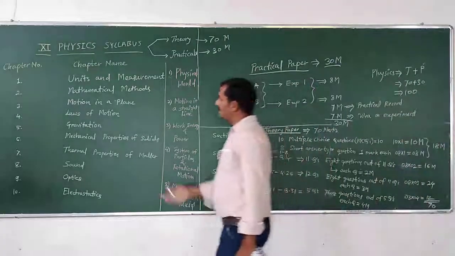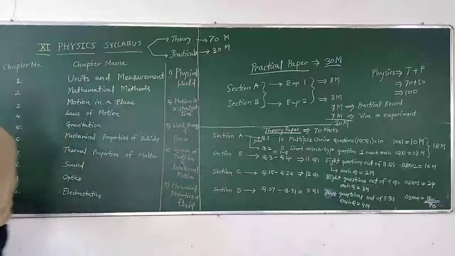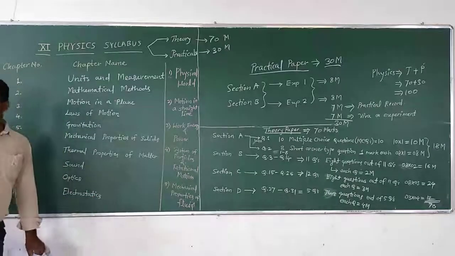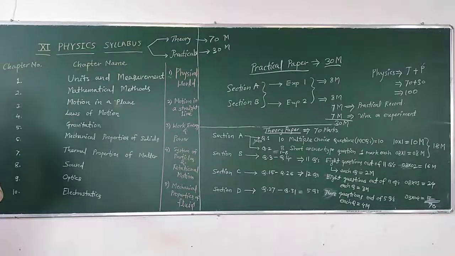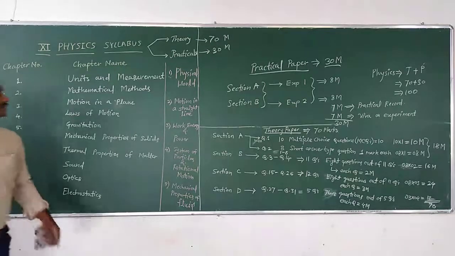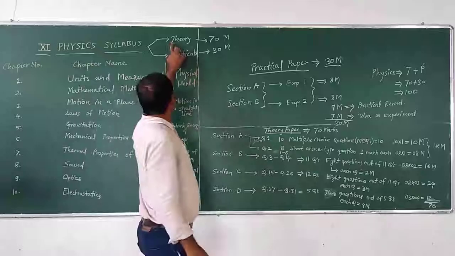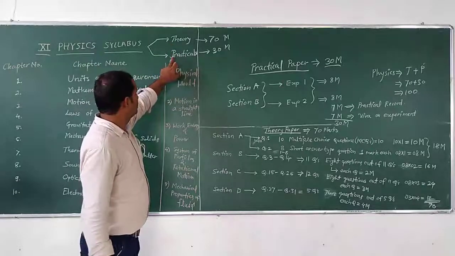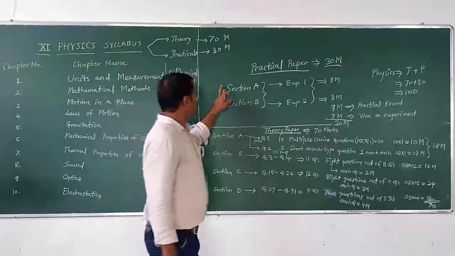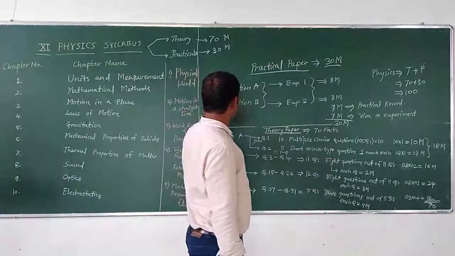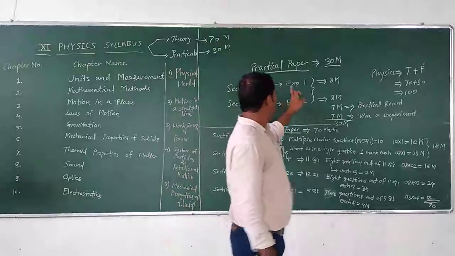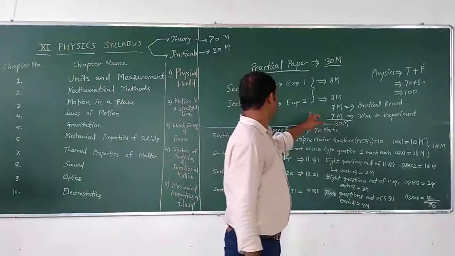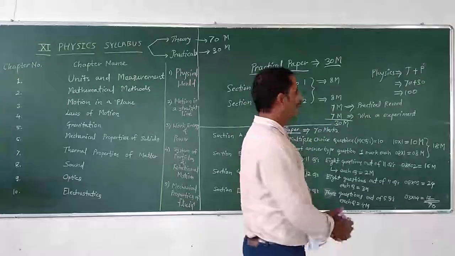So this entire paper is divided in 14 chapters and in 2 sections. Which are the 2 sections? Theory section and practical section. Again, the practical section is divided in section A, section B. So you will get one experiment from section A, one experiment from section B in the exam.